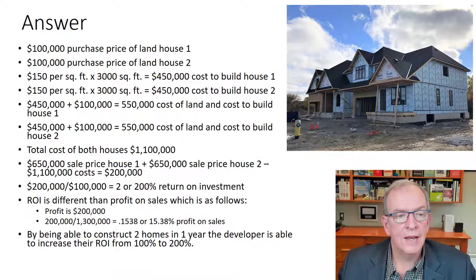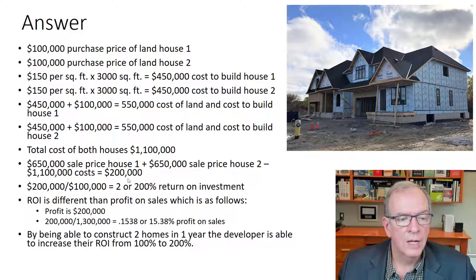All right, so what does that return on investment look like? So we do these two scenarios side by side. We run them out. And of course, the numbers are doubled. Total cost of both houses, sale price of both houses. And we got sale price of house one plus sale price of house two. That gives us, minus our costs, 1,100,000.